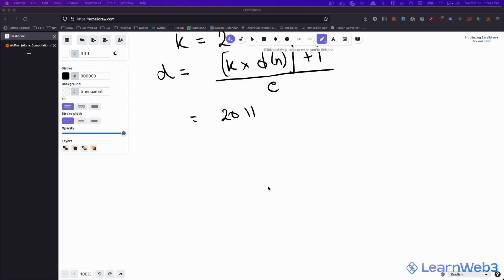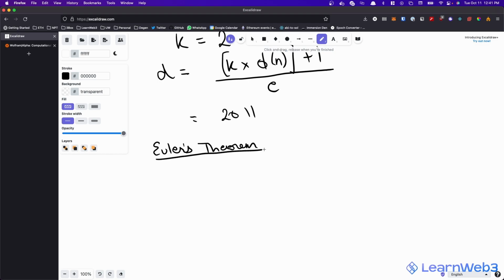We'll take a slight detour. There's a theorem called Euler's Theorem, and Euler's Theorem basically states that as you exponentiate a number x, modulo n, to the ith power, as you keep increasing the number i, like 1, 2, 3, 4, 5, eventually you will come back to x.